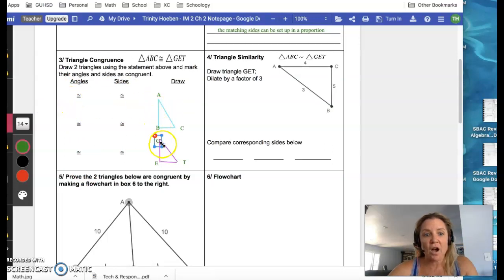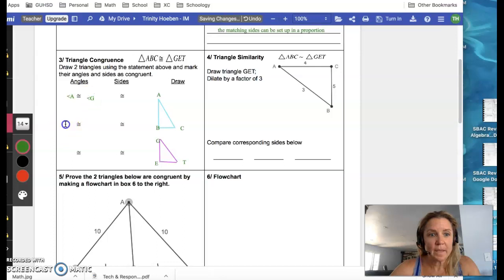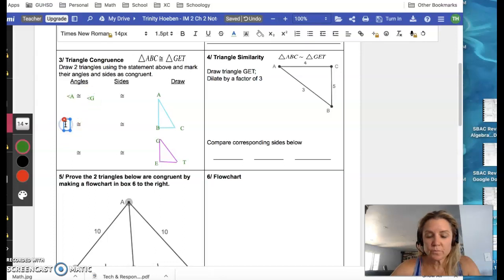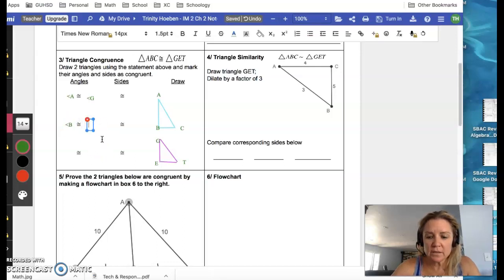Angle A obviously matches to angle G, so angle A is congruent to angle G, angle B is congruent to angle E. And what do you notice?